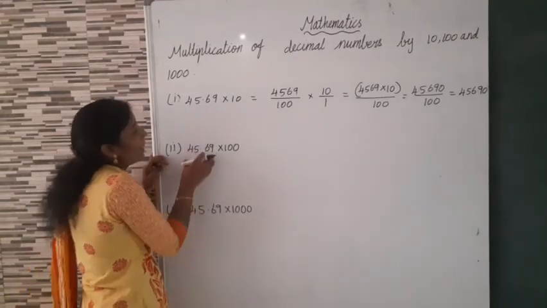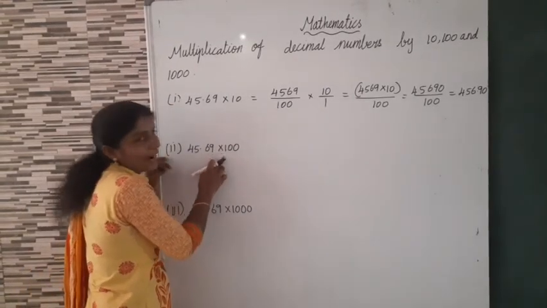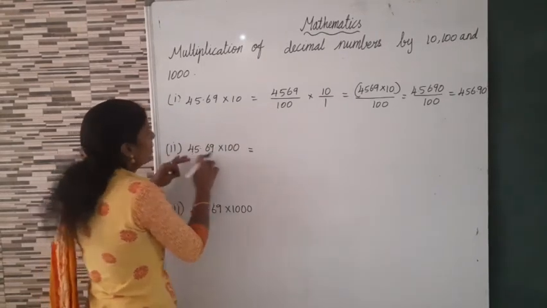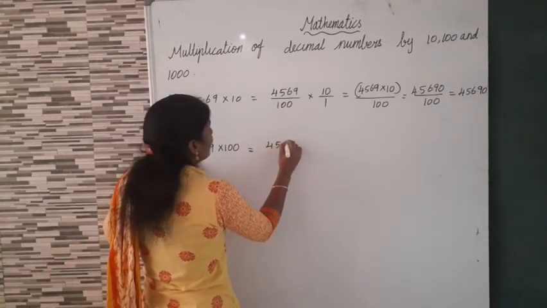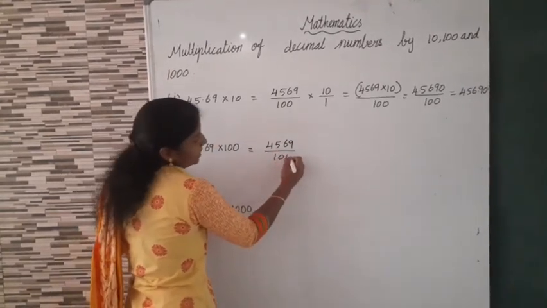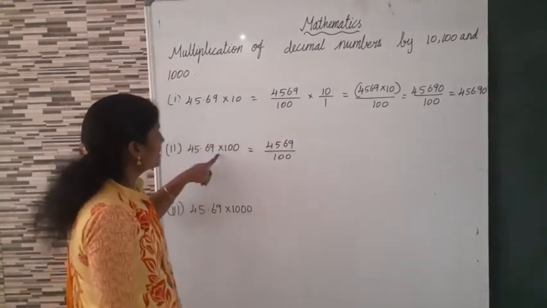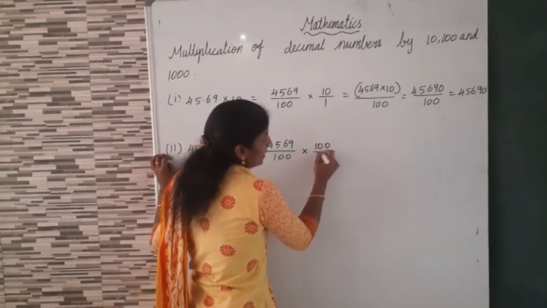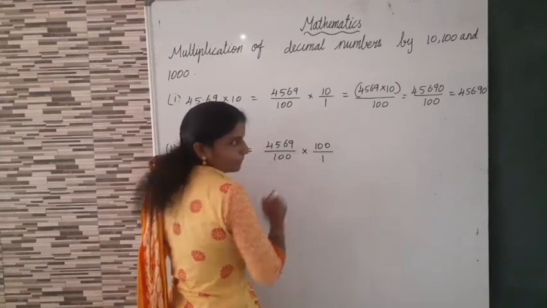Now the same number we can multiply by 100. Now we can write in fraction form. So 4569 divided by 100, isn't it? This is the fraction form, into 100. Into 100 is the numerator. What is the denominator? 1. Okay.